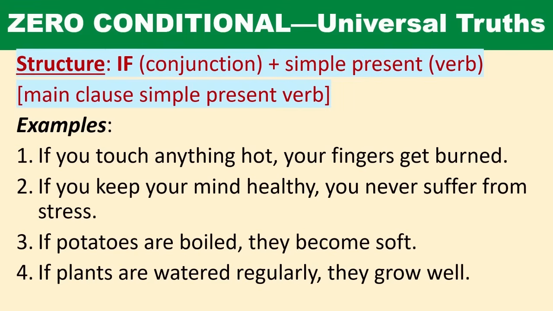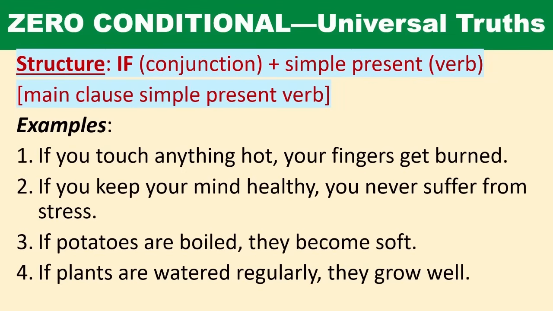Look at the 4 verbs: touch, keep, are, and are. So we have the simple present form. In the main clause also we have the simple present form. This is a zero conditional where both the verbs are simple present forms, the main clause and the subordinate clause.